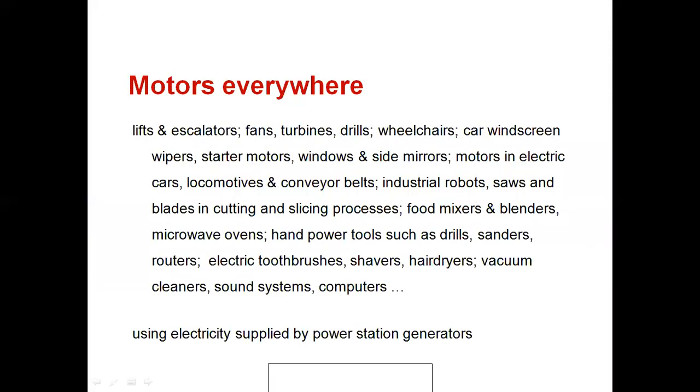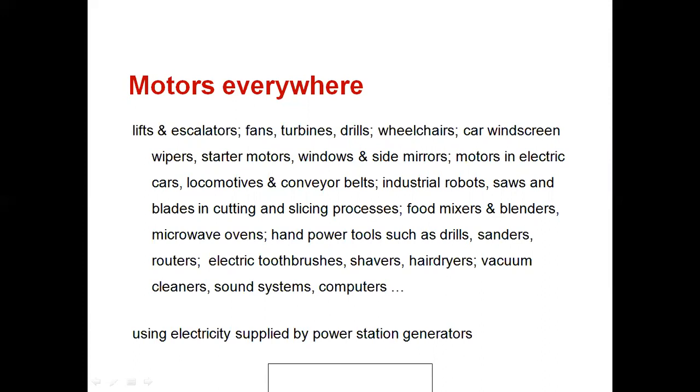Now, there are certain things where electromagnetism is being used, which in your daily life we are watching, observing, and using daily.